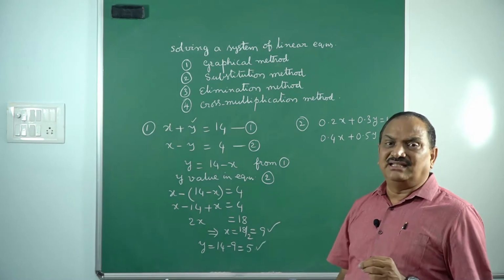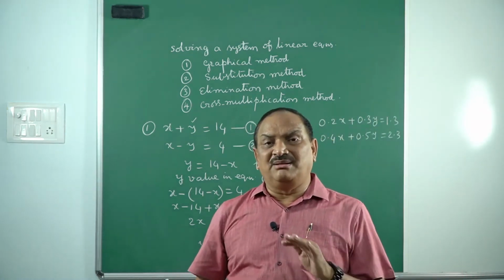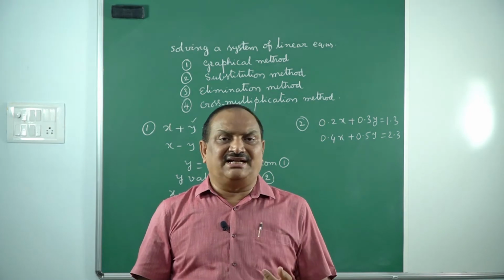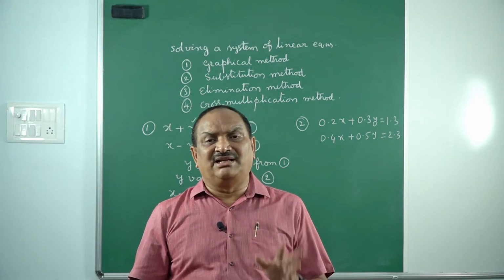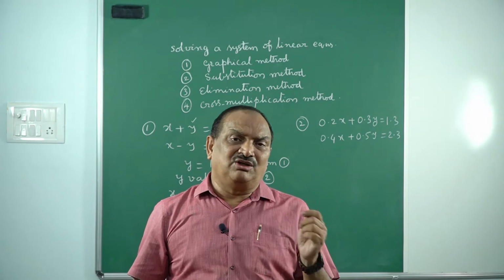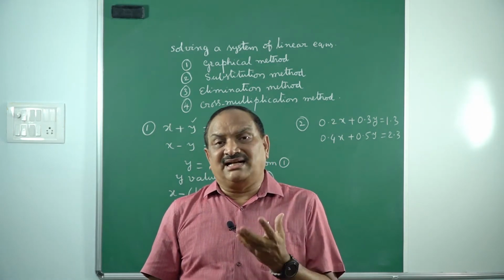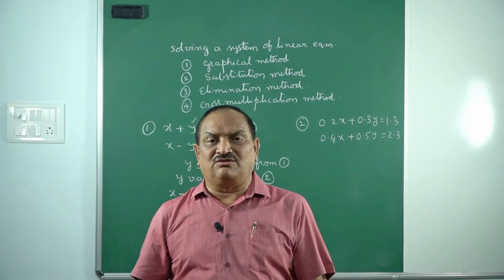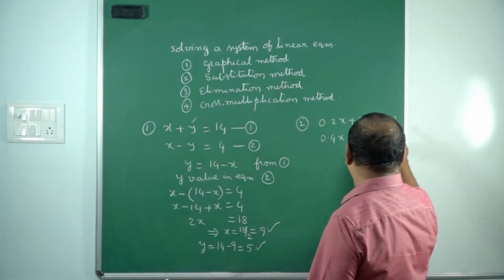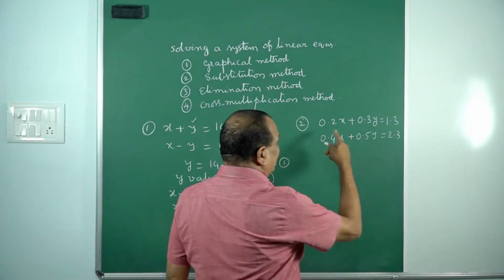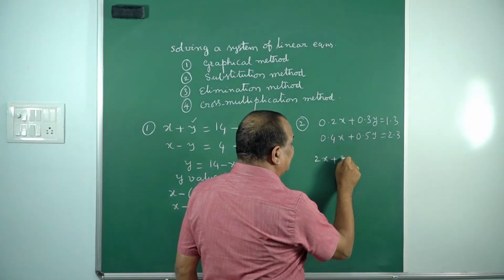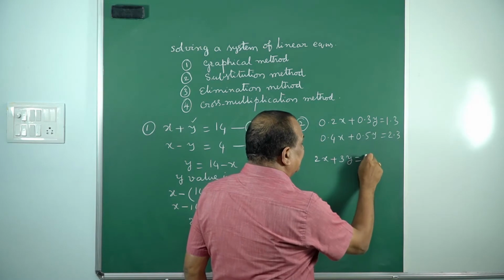For my convenience, what I do now is I multiply throughout by 10. I tell you the advantage I get, because there won't be any decimal left. After the decimal you have only one place, so when that number is multiplied by 10 the decimal goes off. So the first equation is multiplied throughout by 10. Okay, fine, you can write 2x plus 3y equals 13.